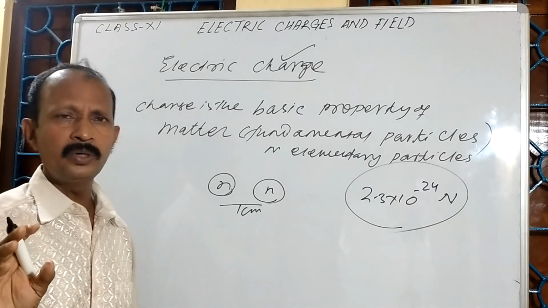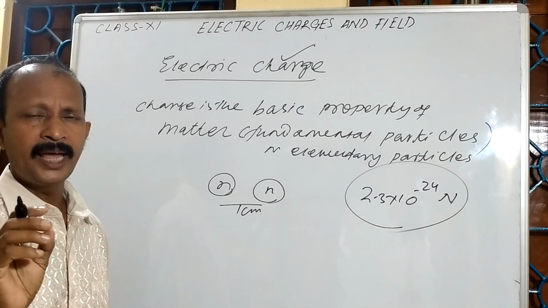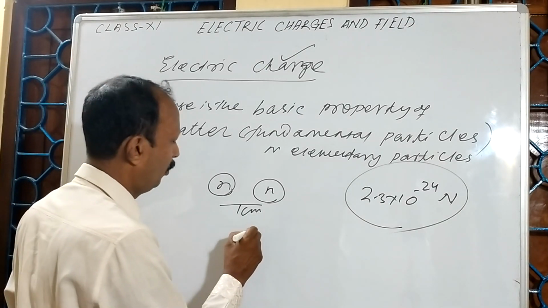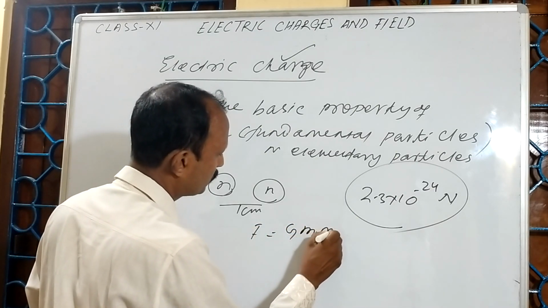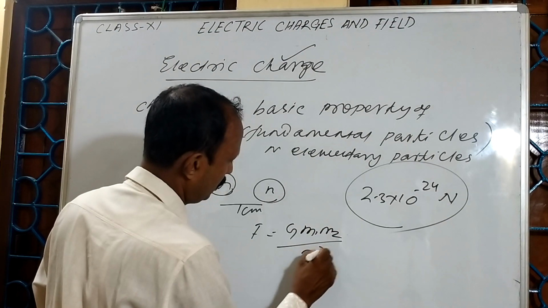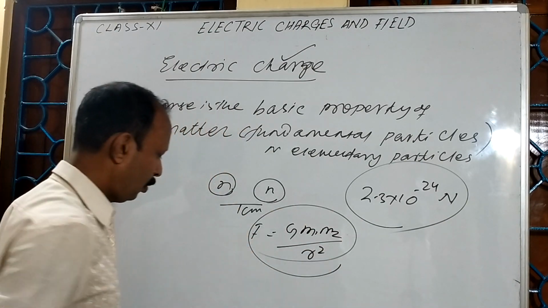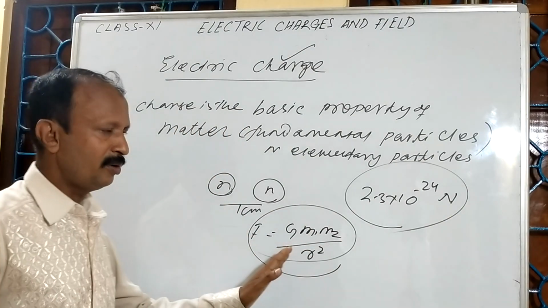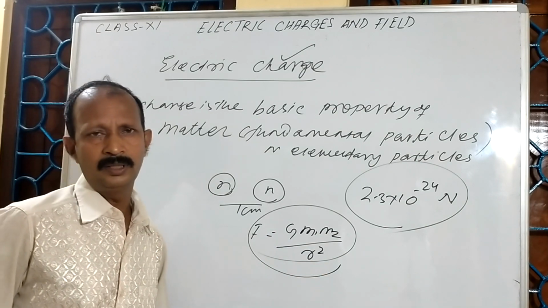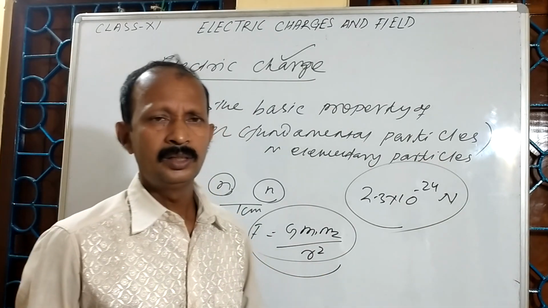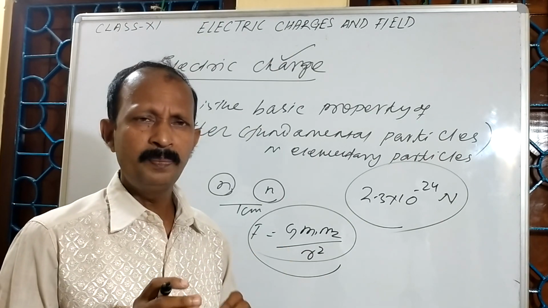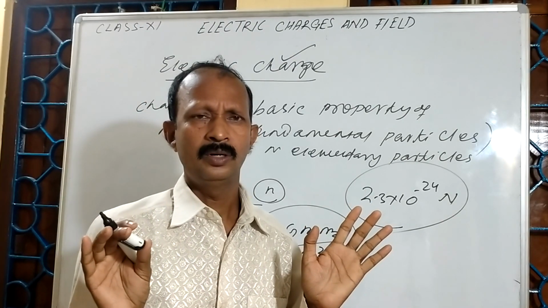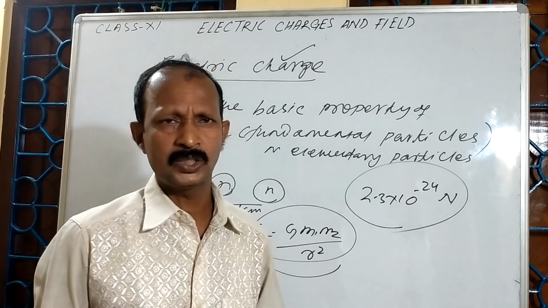So between these two neutrons, there will be only a gravitational force, which can be calculated by using this formula. There will be no repulsion.